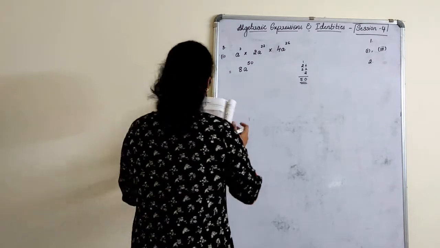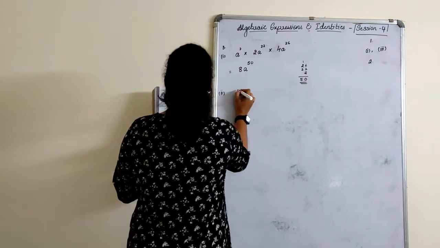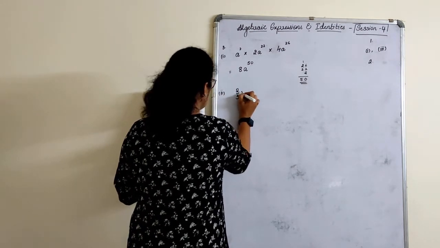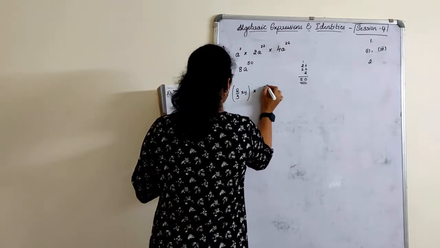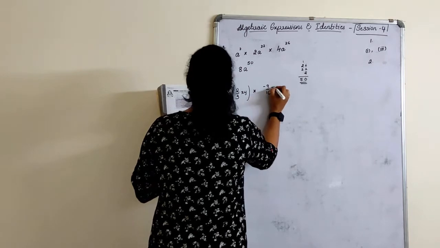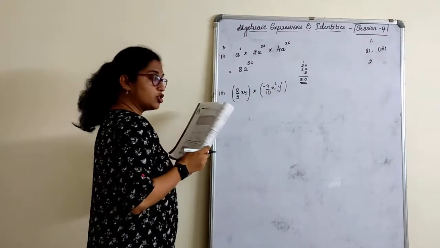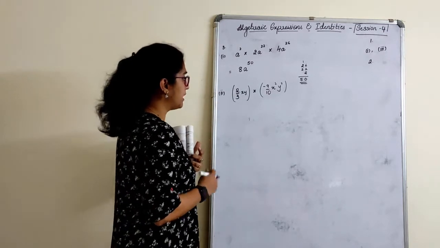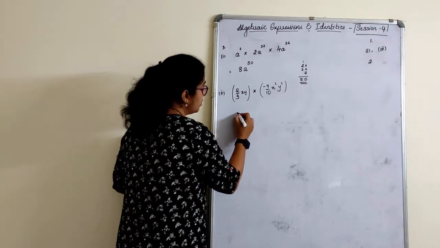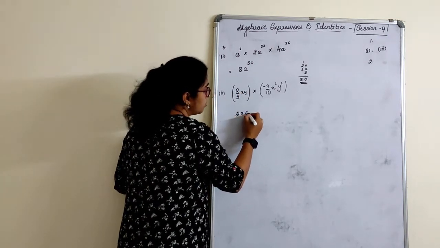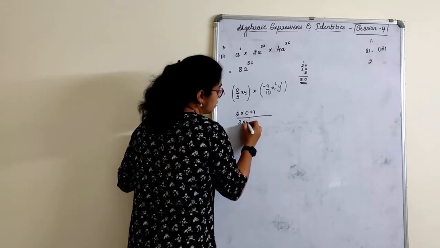Next one. Second one: 2 by 3 xy into minus 9 by 10 x square y square. So here it is a multiplication of again a monomial and a monomial. First simply multiply the numbers. So this is 2 into minus 9 divided by 3 into 10.